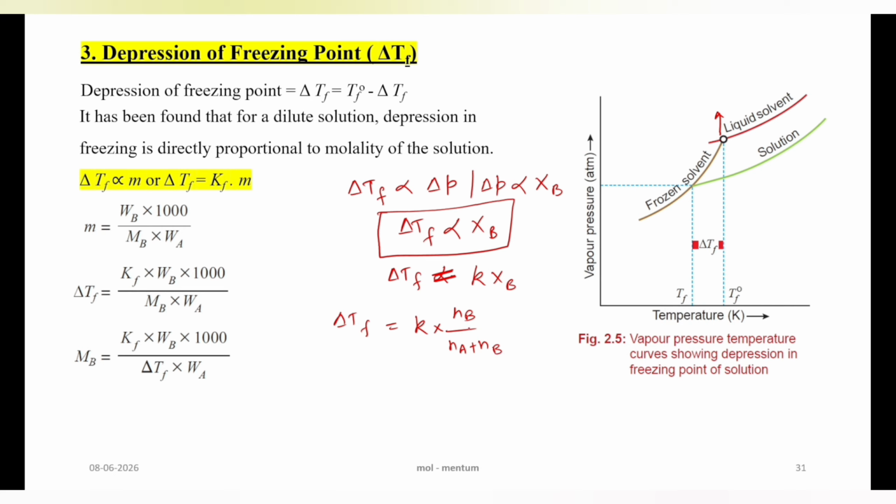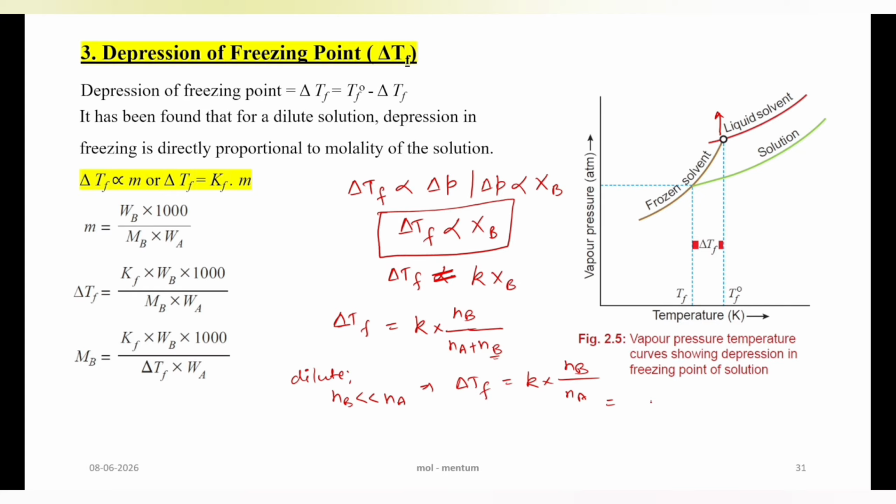Same assumption, because this colligative property is defined for dilute solution, I will remove the number of moles of B from the denominator. It is very less. So I can write delta TF is equal to K into NB divided by NA only.